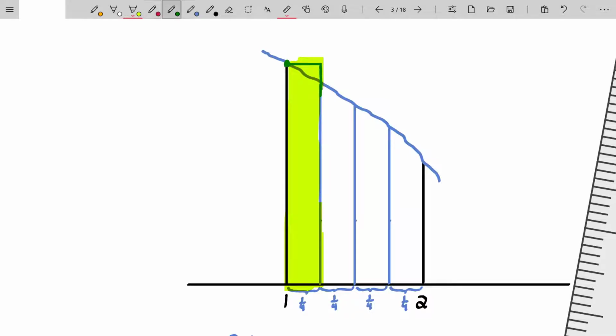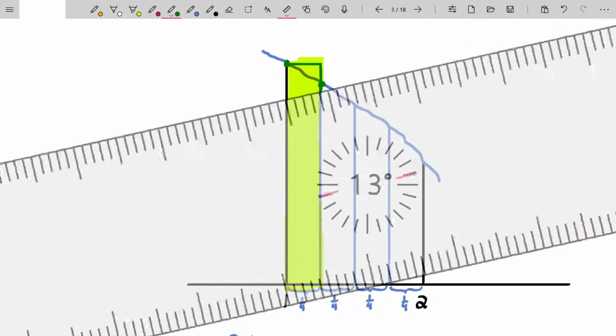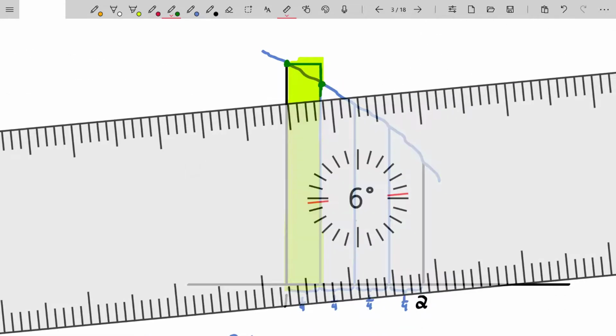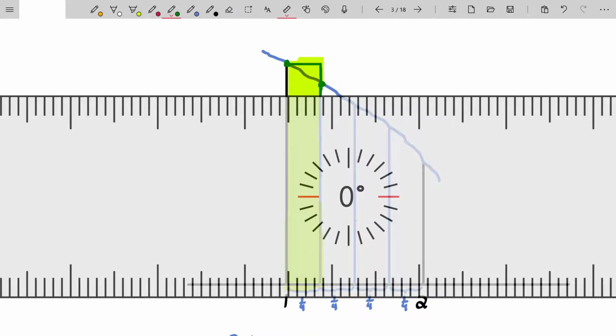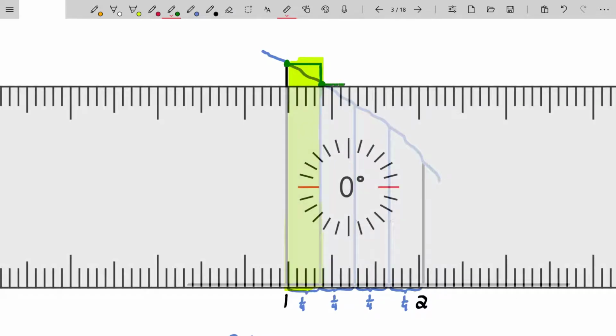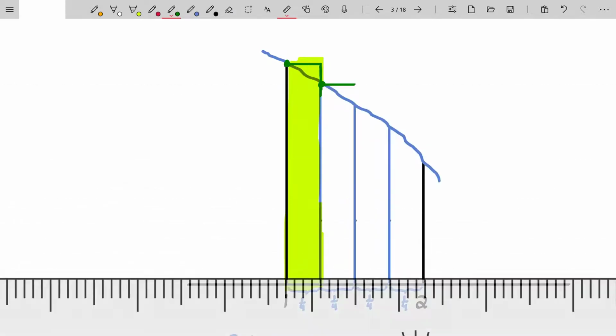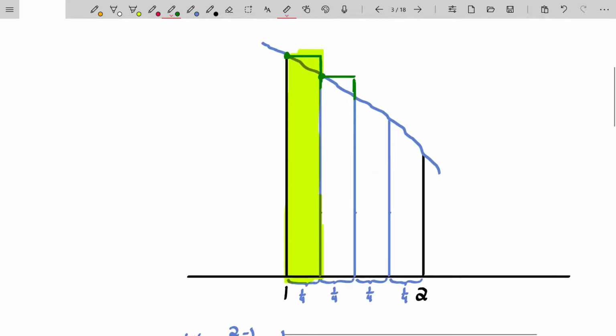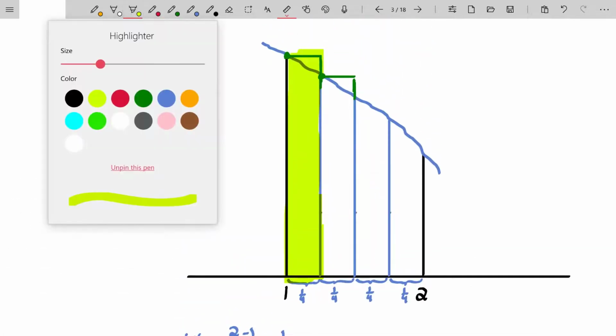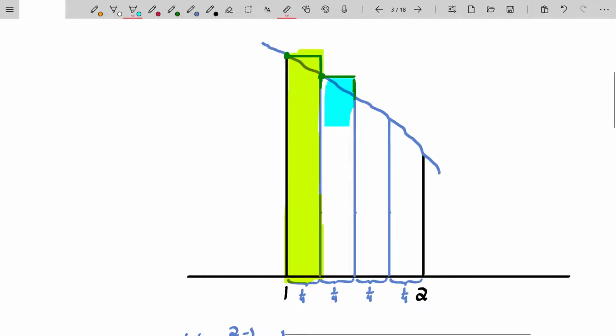Then we move over to the next slice and use its left endpoint to put a cap on that slice. Let me go down here, and we'll highlight that slice as well. And just to make it different than the other one, I'm going to use a different color.